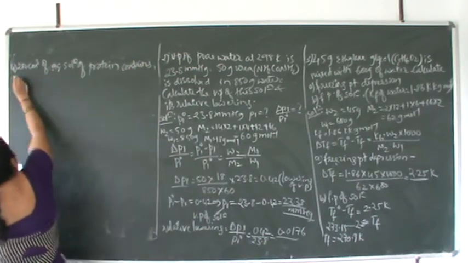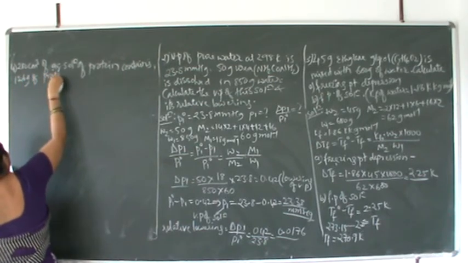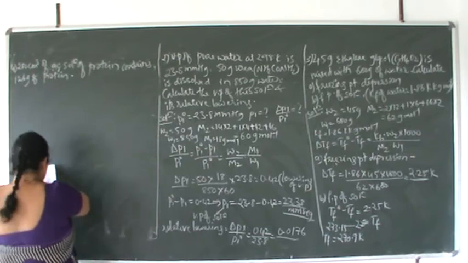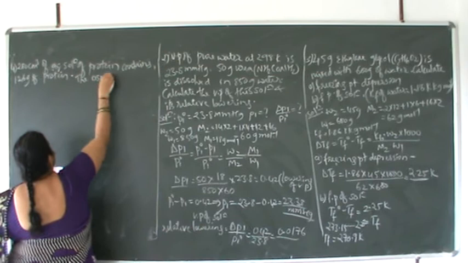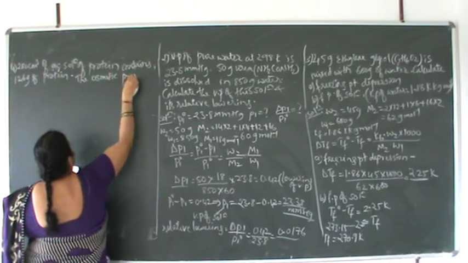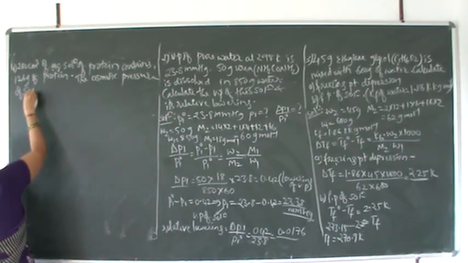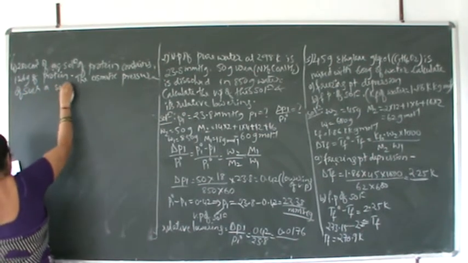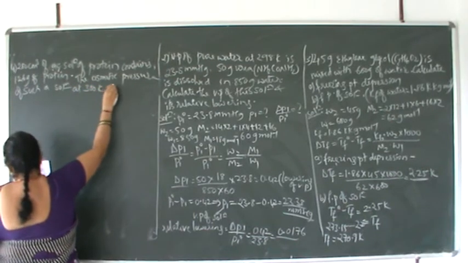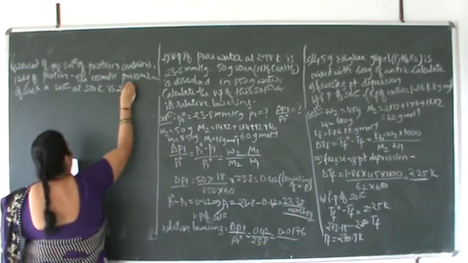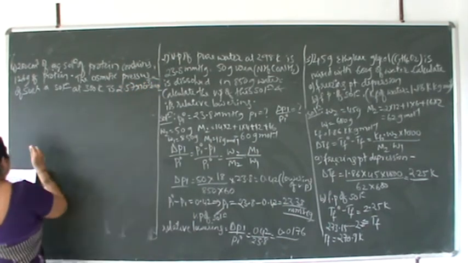Contains 1.26 grams of protein. The osmotic pressure of such a solution at 300 Kelvin is 2.57 into 10 raised to minus 3 bar.